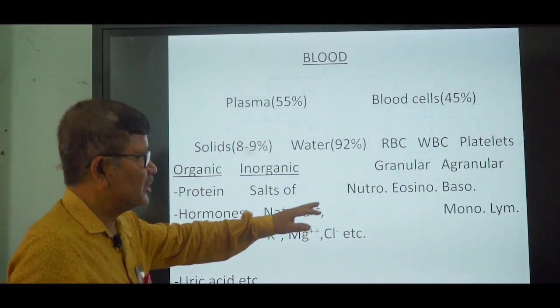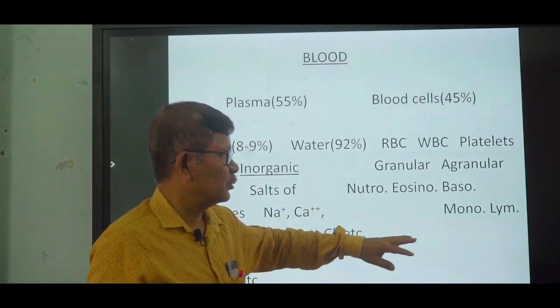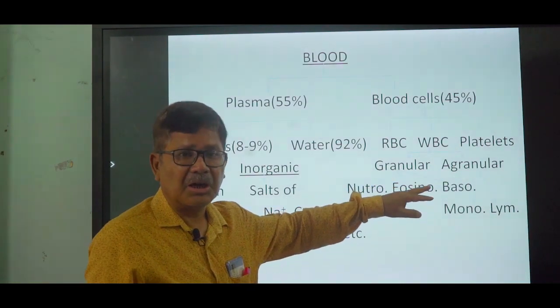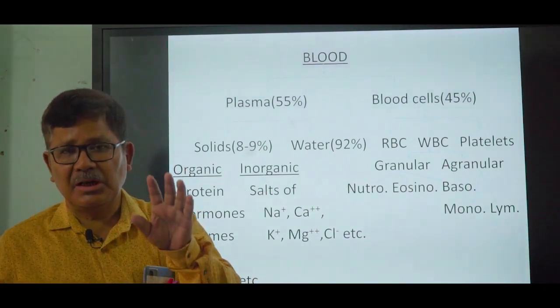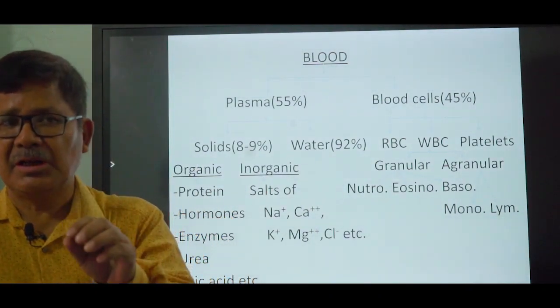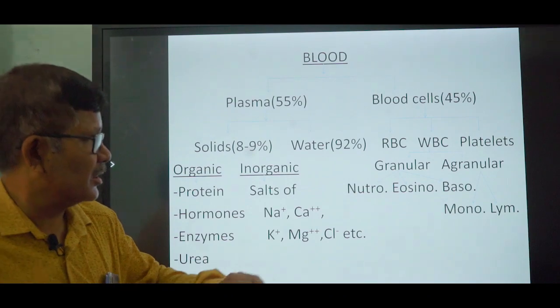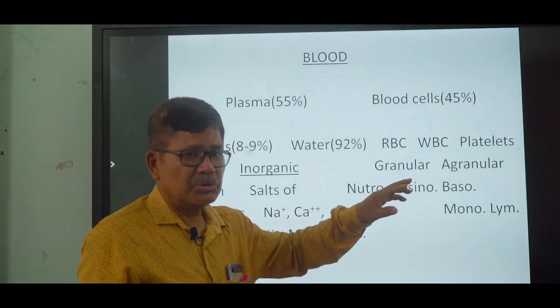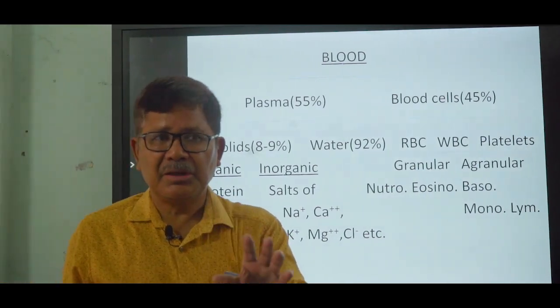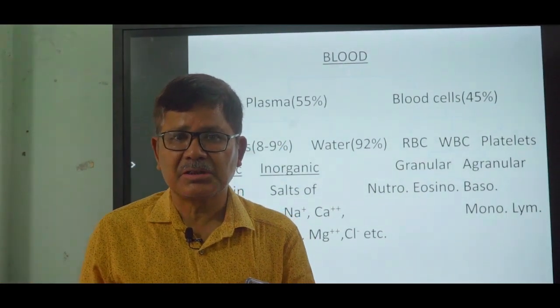Again, the WBC may be of two types, that is granular and agranular. Granular are those WBC having granule particles in their cytoplasm, and agranular are those WBC having no granule particles in their cytoplasm.